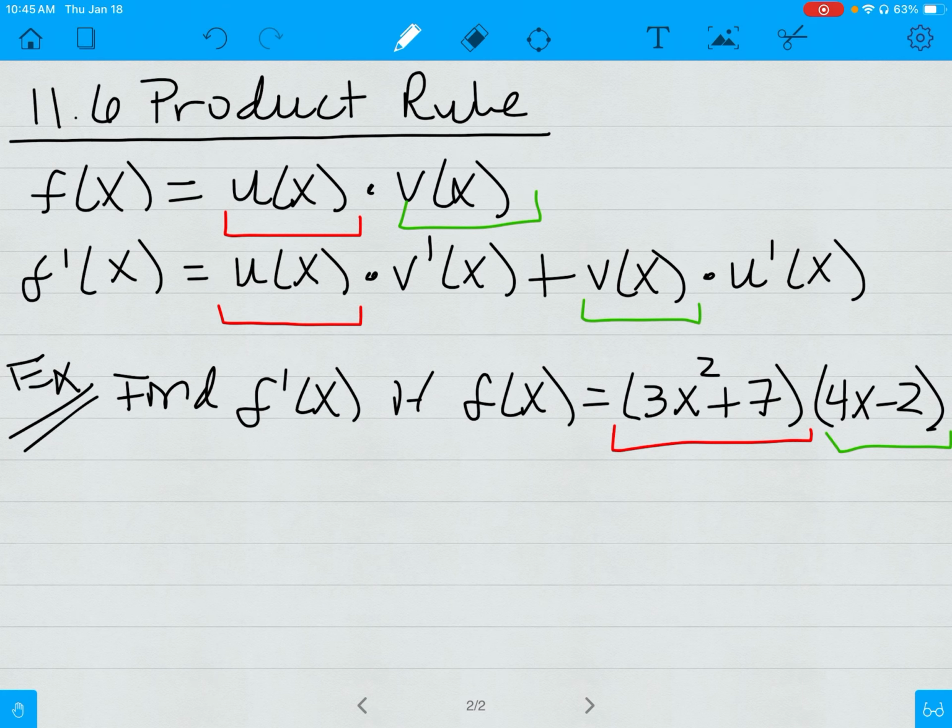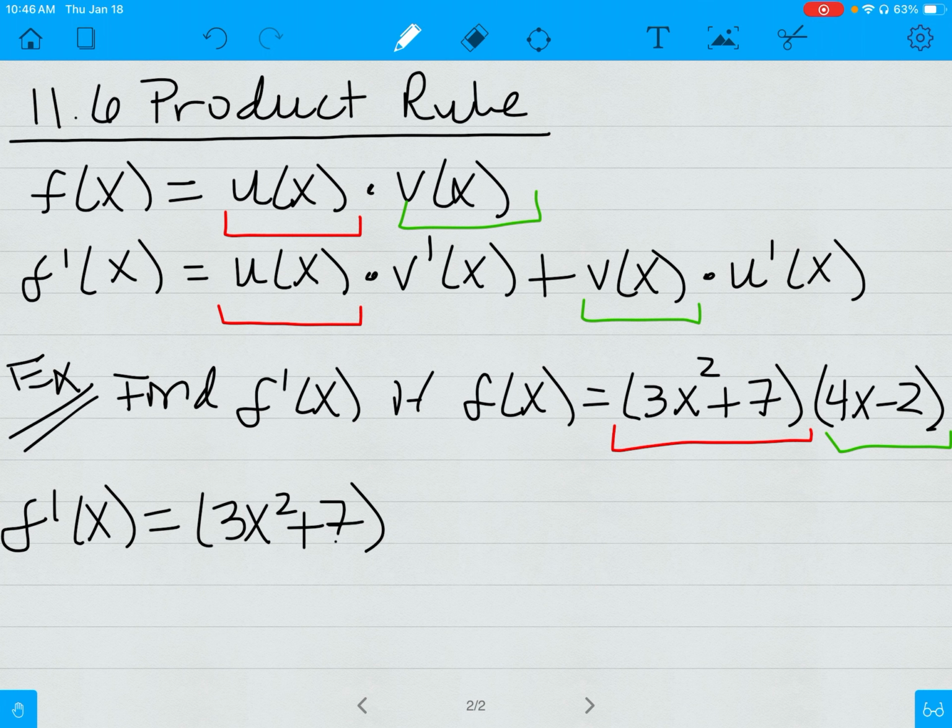And so if we follow the formula that we've been given here, it says we're going to find f prime of x by taking the first function, that's the 3x squared plus 7, and multiplying it by the derivative of the second function.